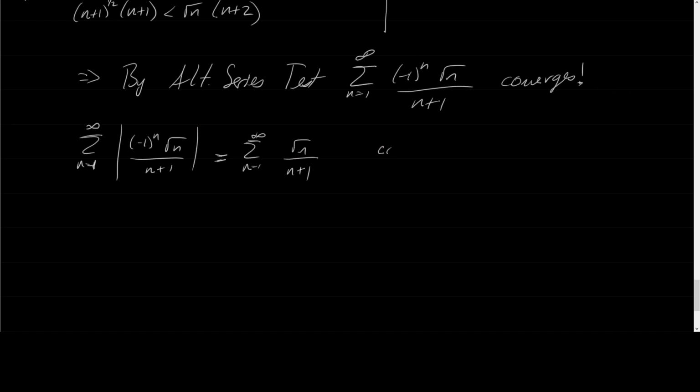So what I'm going to do here is compare with the series from n equals 1 to infinity of the square root of n over n, which is the same thing as saying 1 over the square root of n. Let's change all those infinity symbols.